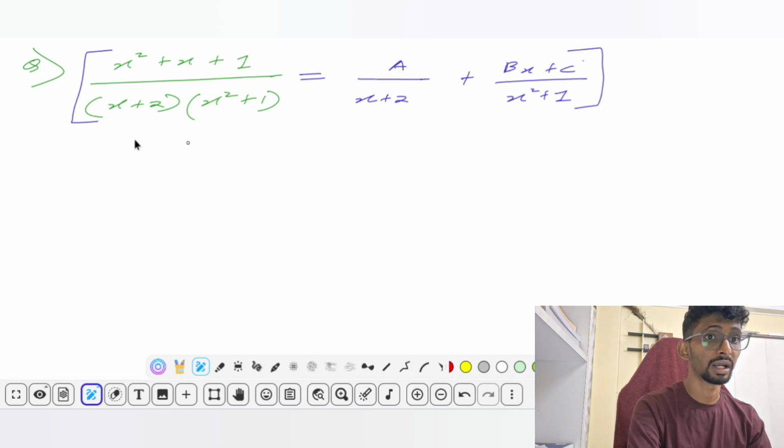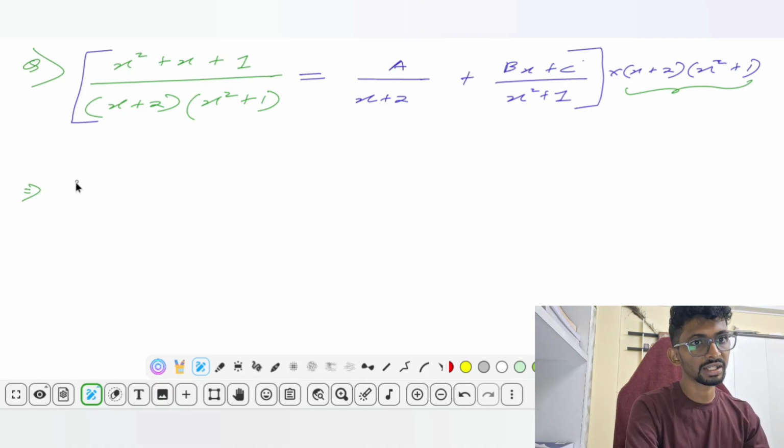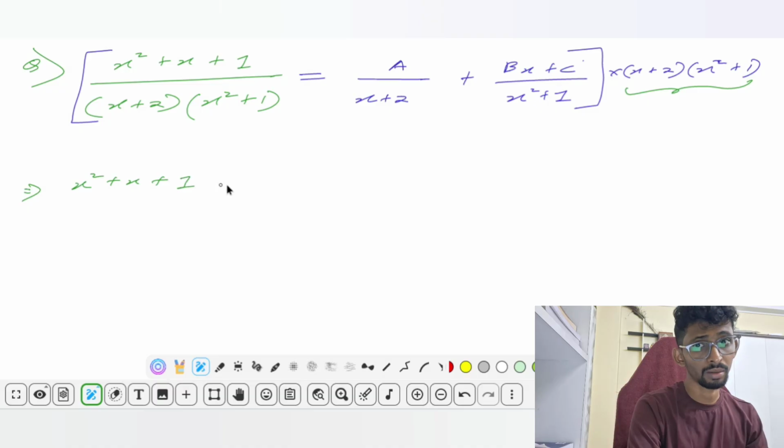So what is the next step? Next we have to multiply this equation by x plus 2 times x square plus 1, which was the denominator of the LHS. If I multiply this with LHS, it will get cancelled, so we will be left with x square plus x plus 1 equals, for this term, x plus 2 will get cancelled, so we will be left with a times x square plus 1.